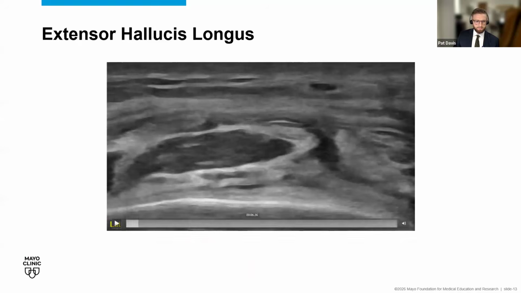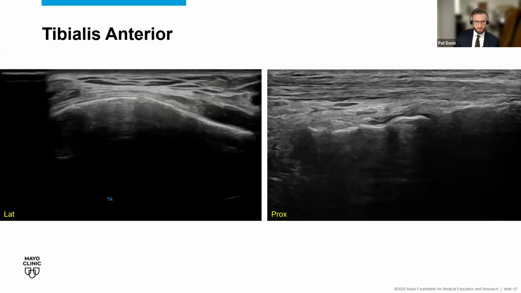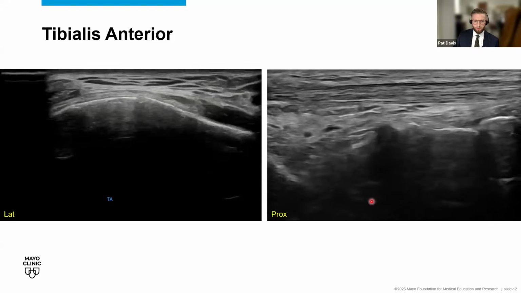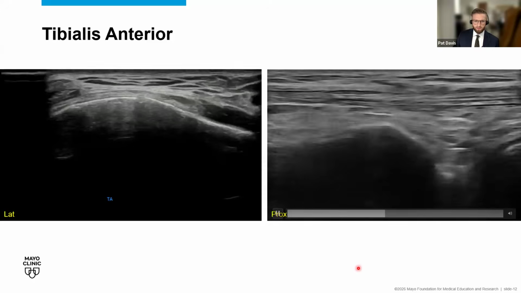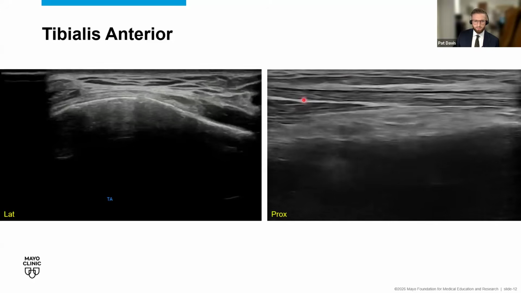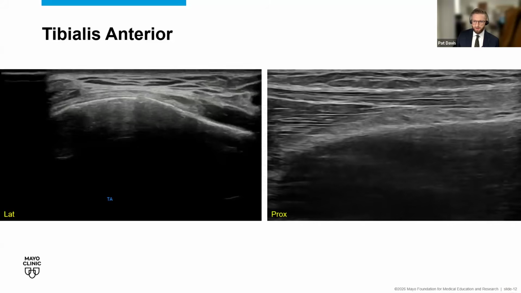On the right, here, we have a long axis view of that tibialis anterior tendon as well. And working in a sweep, we're working from distal to proximal up to the level of the muscle belly and musculotendinous unit.